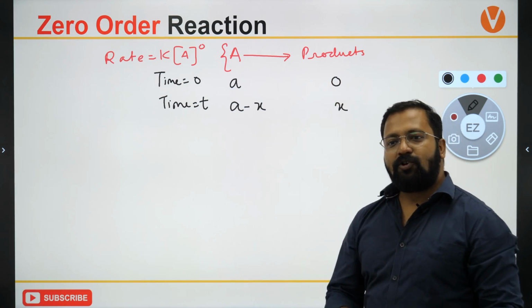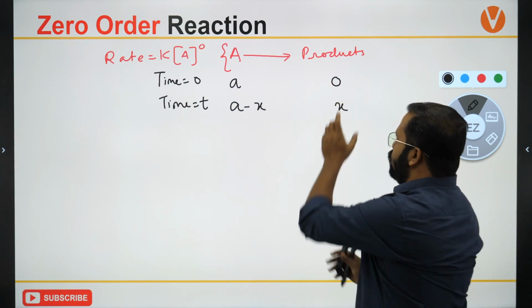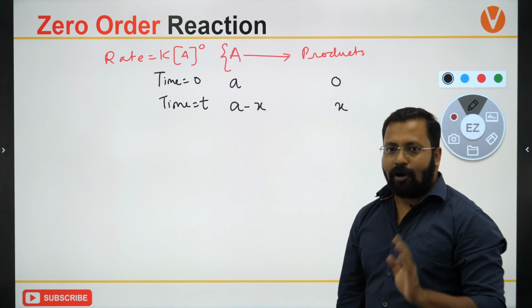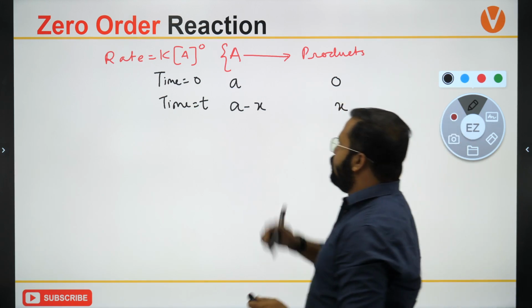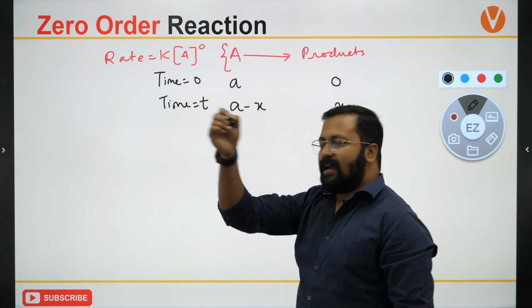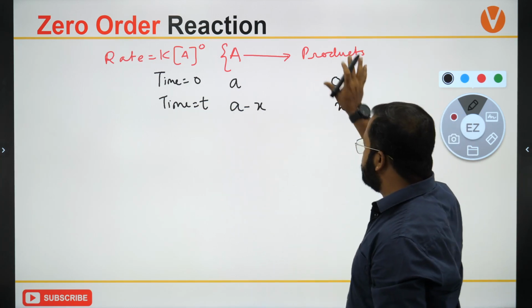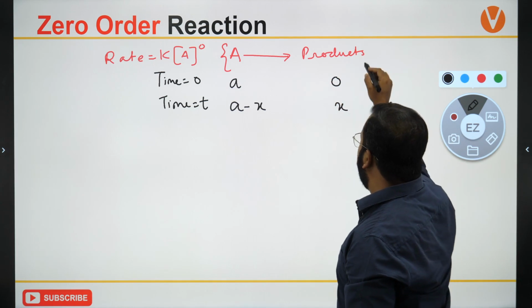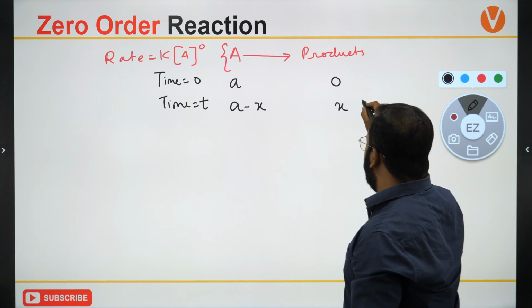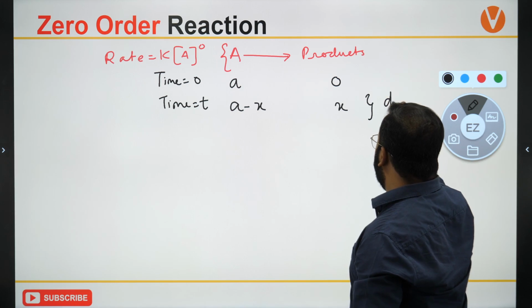The easy thing to do is use products because you will get positive signs. If you use the reactant, you will always have to work with a negative sign in the integral. But in products, what will be the rate of reaction? I will take it as equal to dx by dt.